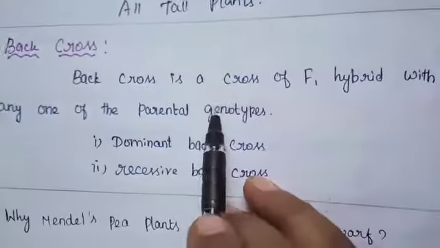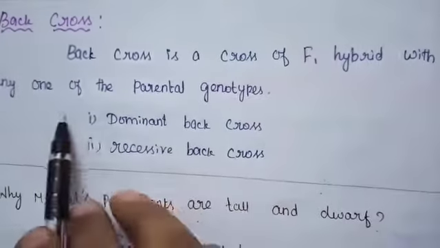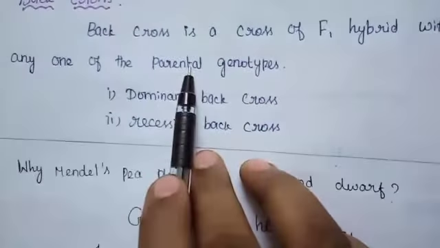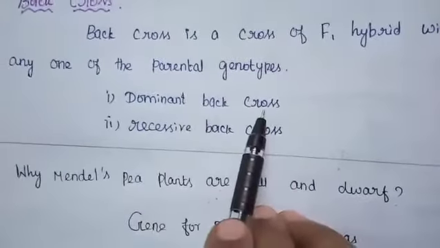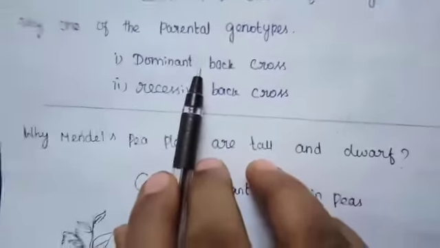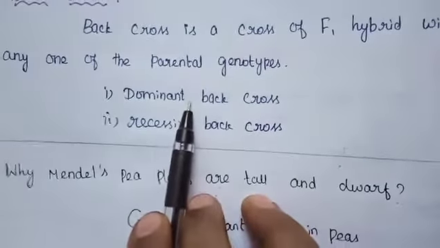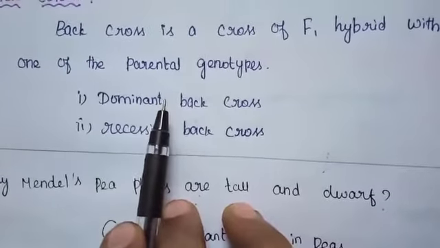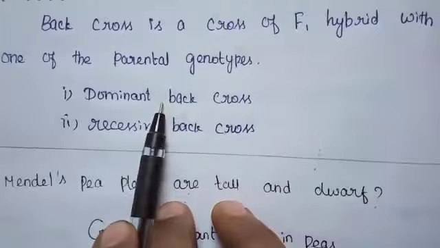Next, backcross. A backcross is the cross of an F1 hybrid with either one of the parental genotypes. There are two types of backcross: one is the dominant backcross, another is the recessive backcross. What is a dominant backcross? The F1 offspring are crossed with the dominant parent, and all the F2 develop the dominant character.